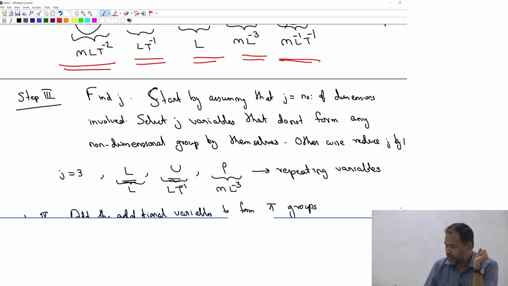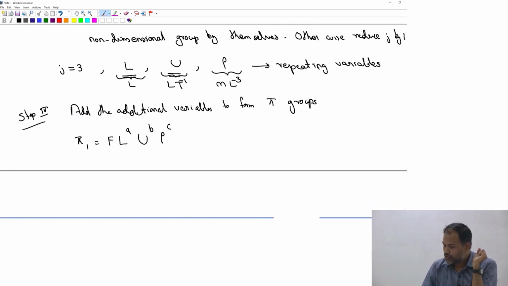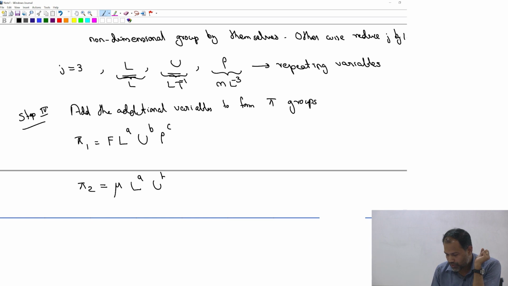We have taken L, U, rho, and I'm saying that we can form 2 groups, which we will call pi groups, containing L, U and rho: pi 1 and pi 2. So L to the power A, U to the power B, rho to the power C. These are the 2 pi groups that I am writing down. In the first pi group, I have put all the 3 variables.